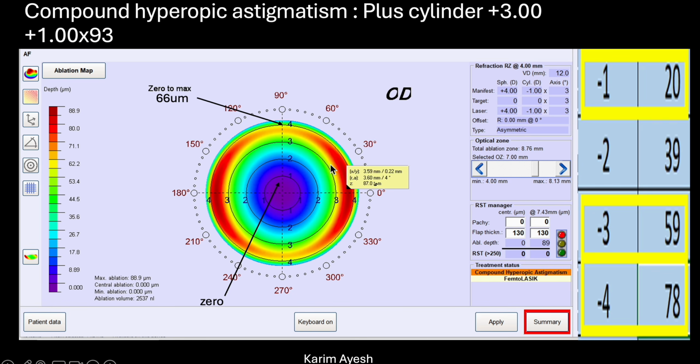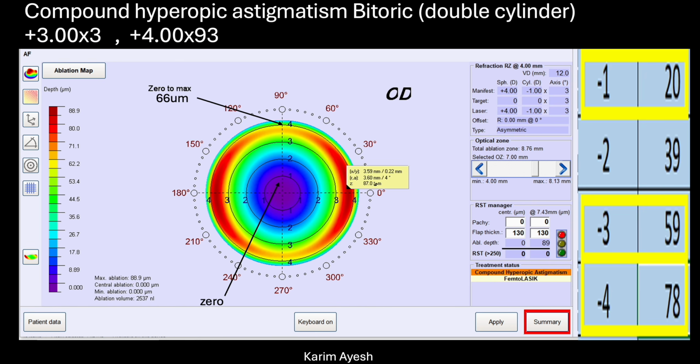So 3 diopters here in 90, 4 diopters in 0, 180. So I concluded from this software that this compound hyperopic astigmatism may be corrected as plus cylinder.